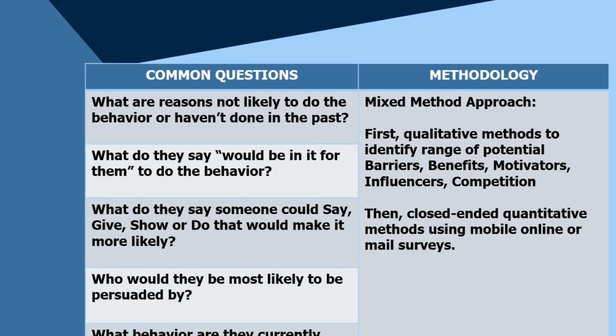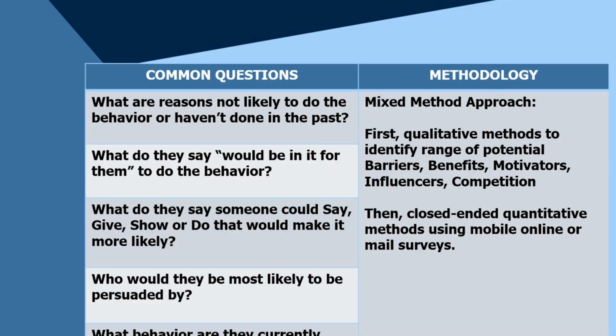For benefits, what do they say would be in it for them to do the behavior? For motivators, what could someone say to you, give you, show you, or do for you that would make it more likely? And then in terms of influencers, who would they be most likely to be persuaded by? And in terms of competition, what behavior are they currently doing instead, and why does this appeal more?